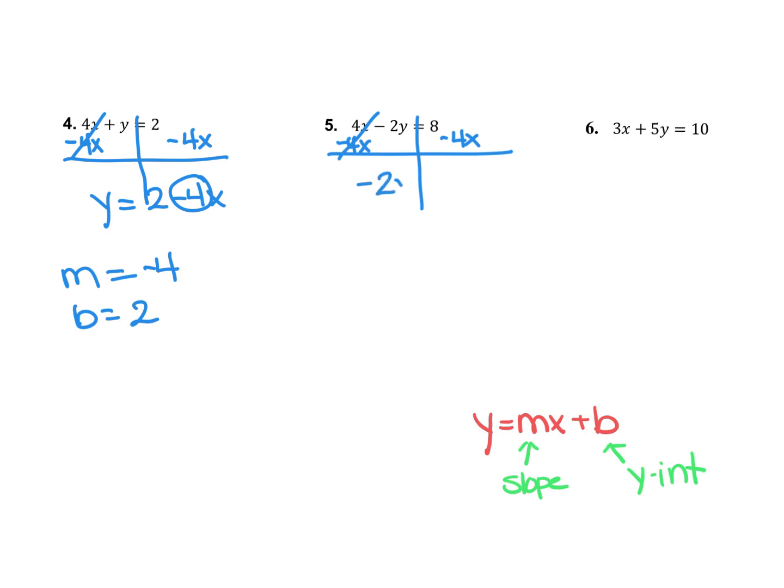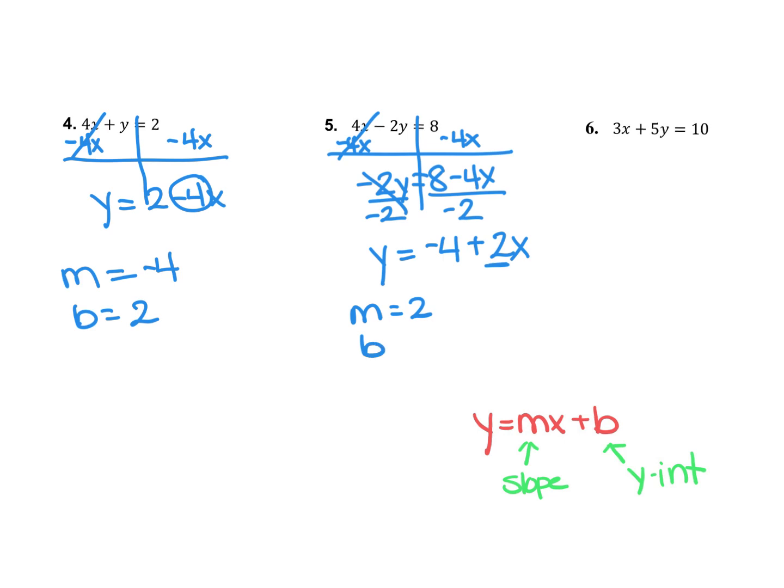So we have negative 2y is equal to 8 minus 4x. And now we don't want to have a negative 2 with the y. So we're going to divide everything by negative 2, and y is going to be equal to negative 4 plus 2x. So our slope is the 2, and our y-intercept here is the negative 4.